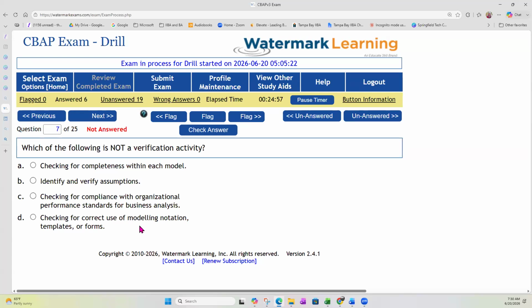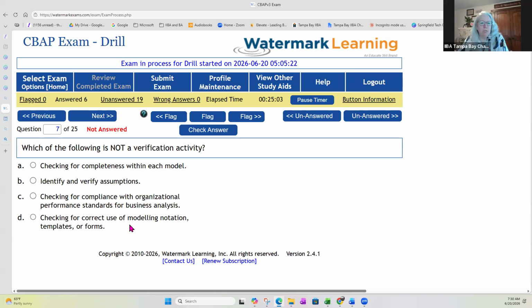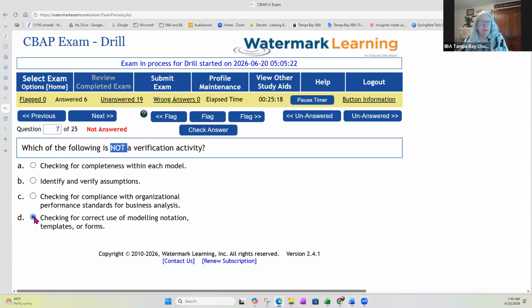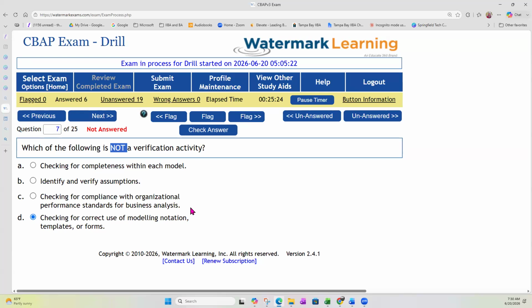That's not it. So which one do you think is a verification activity, which one should we eliminate? A, B, C are eliminated and D is the correct one. Okay. So this one is not a verification activity, and these are, okay? Yes.